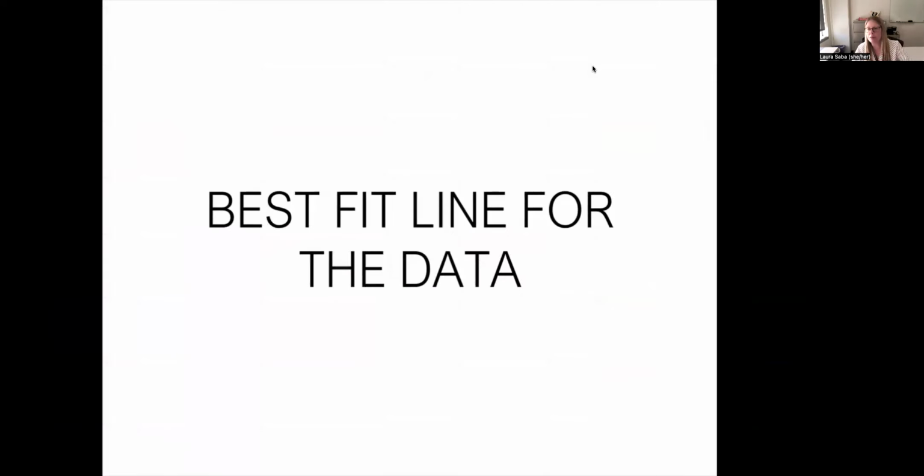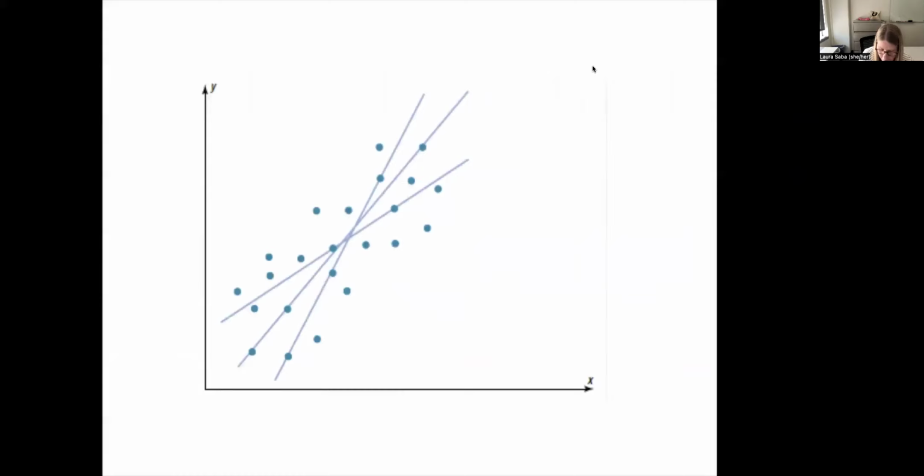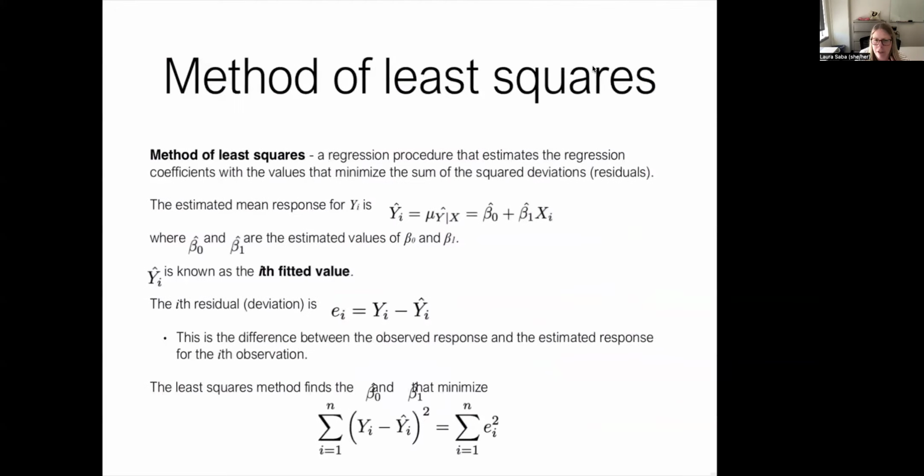So how do we determine the correct values for beta naught and beta 1? We use what we call the method of least squares. So we want to describe the relationship between the response variable and the explanatory variable with the regression line. How do we decide what's the best line? And so if we look at this example data, with all of the dots being our observations, it's hard to tell just visually looking which is the better line of the three to fit this data.